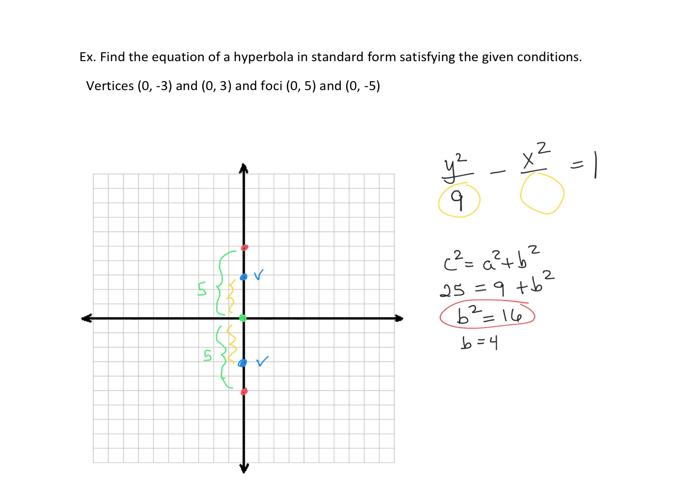So for our b squared here, we can put a 16. This is the equation. And then if we wanted to finish this, we could go 4 in the x direction, here and here. And we could draw our little magic box with the vertices and those intercepts.